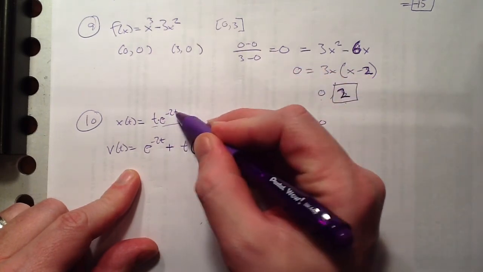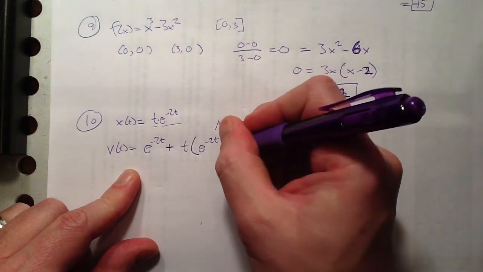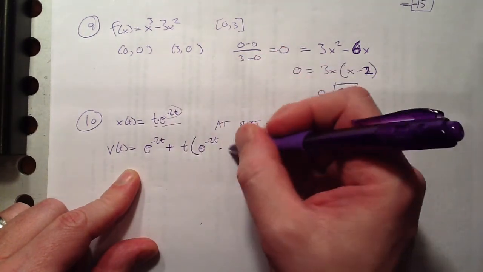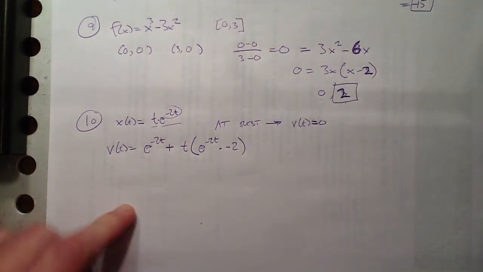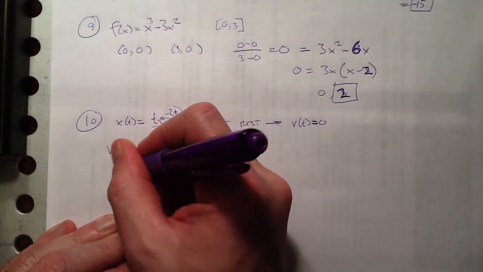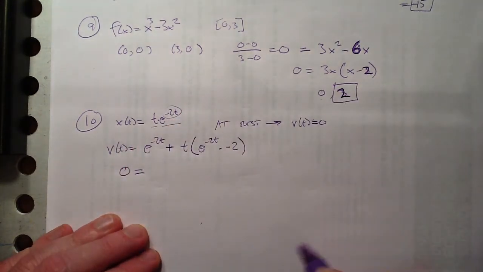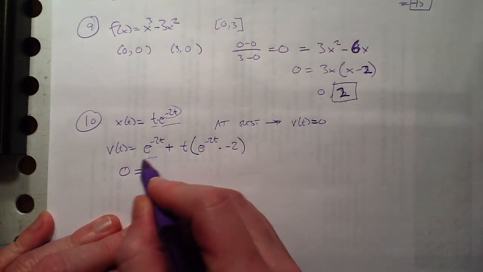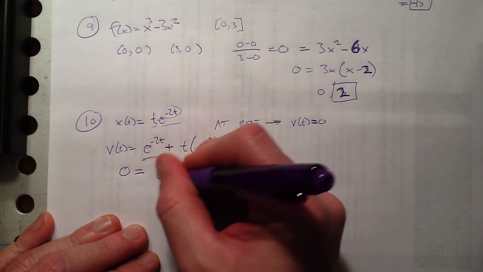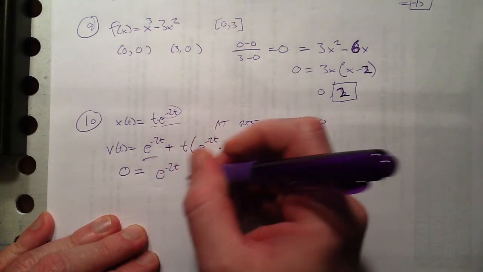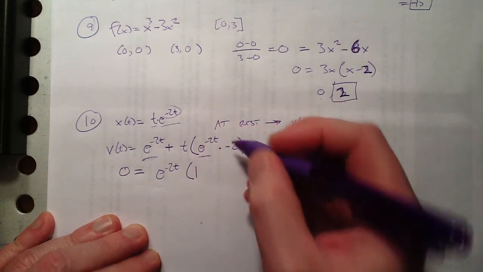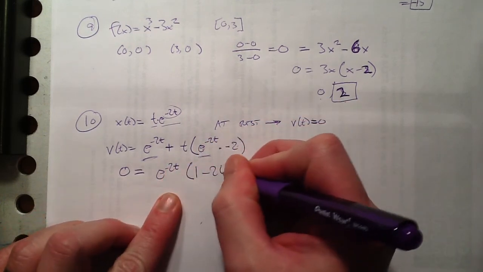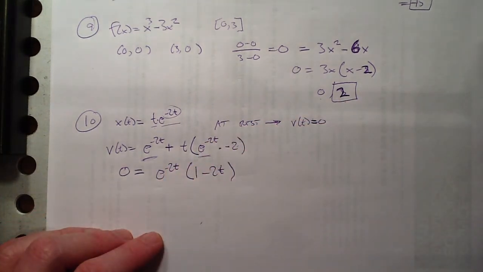The derivative of e to the whatever is e to the whatever times the derivative of what's inside. All right, let's set that equal to 0 and do a little factoring. I can factor this out. We've seen this game before. That leaves a 1 there and a minus 2t here.